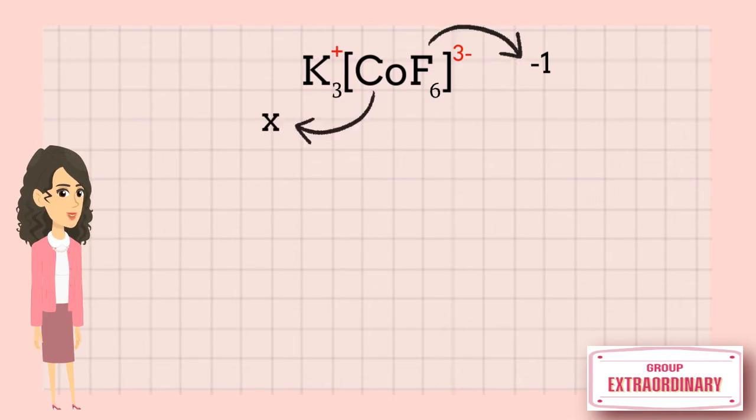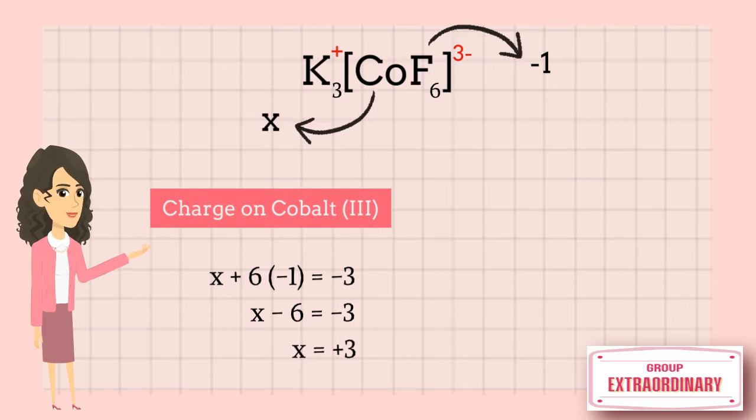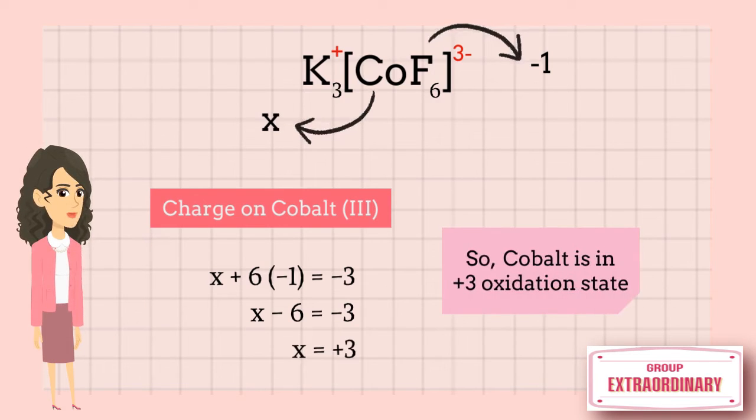Meanwhile, X will be cobalt. To calculate the charge of cobalt, X plus 6 multiplied by negative 1 is equal to negative 3. Then X minus 6 is equal to negative 3. And then the answer we get is X equal to positive 3. So, X, which is cobalt, is in the positive 3 oxidation state.